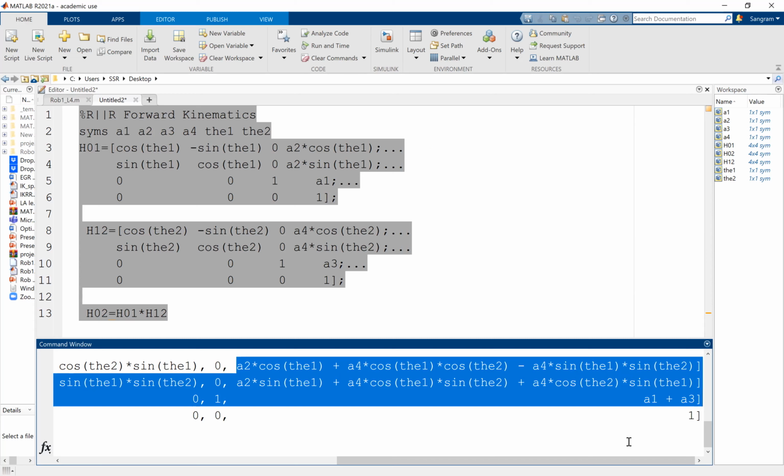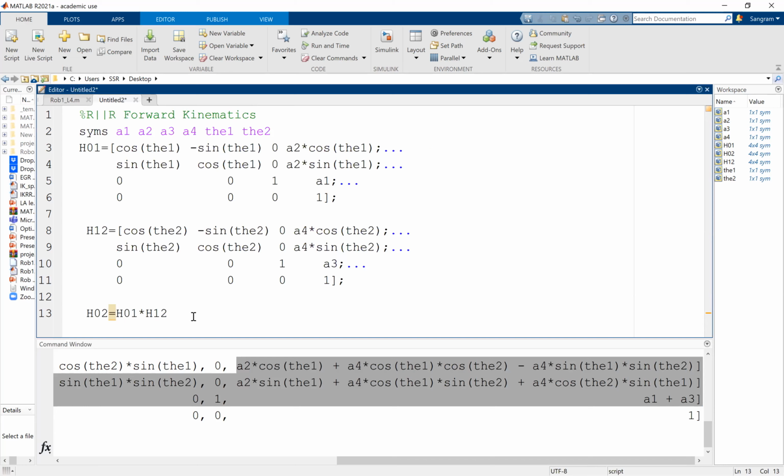This makes sense. But somehow I'm not able to interpret what these other values are. So I'm going to simplify and try to see if it provides me with some sort of easier geometric interpretation. So I'm going to simplify.